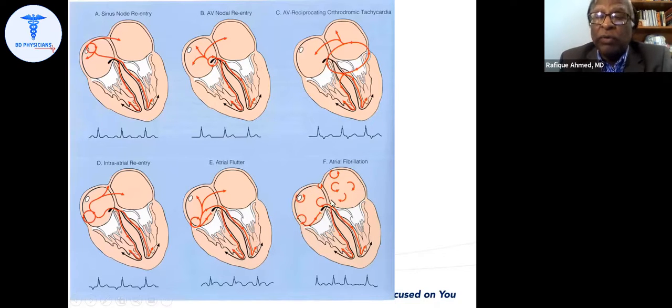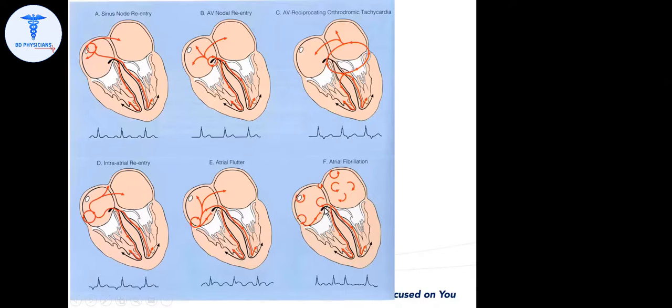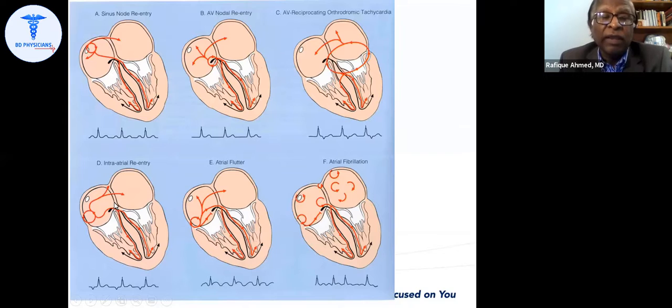And what they will do, they will block the gate. Some of them will go out, so they will not come out faster. On the other hand, if I take an atrial flutter, they go in a regular pattern. One goes out, one stops. Next goes out, next one stops. So it goes in a regular pattern. That's why it's regular. And that's why atrial fibrillation is irregular. And there is bombardment of the AV node through different locations. Does it answer your question?